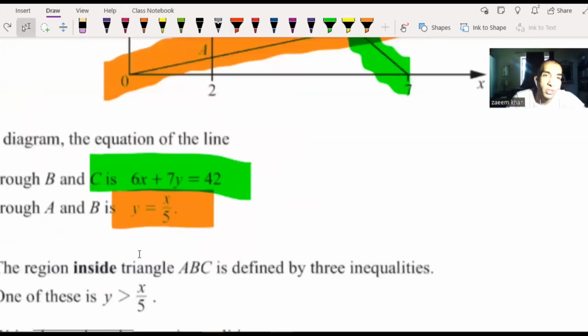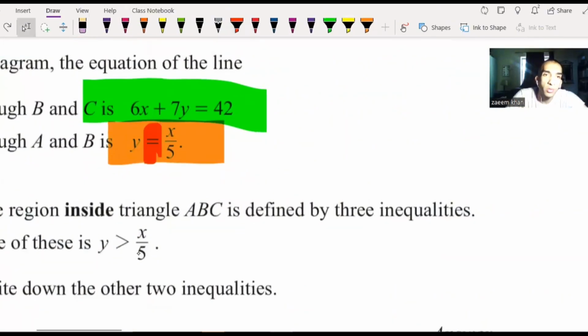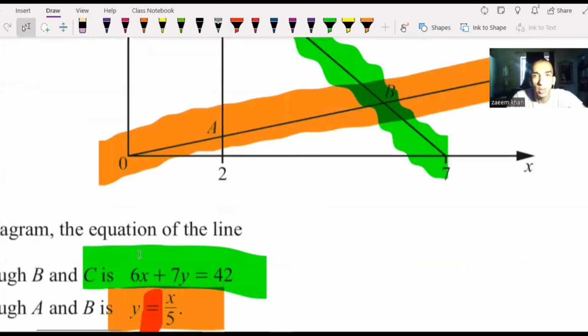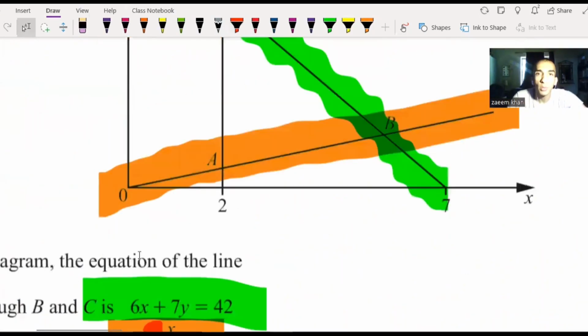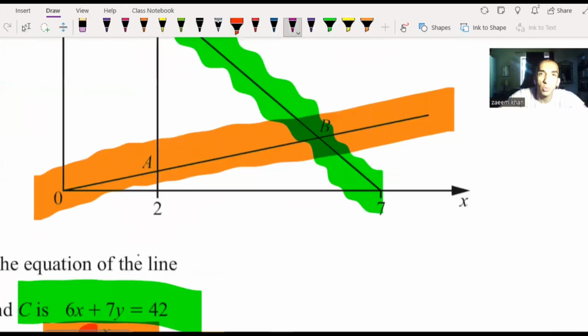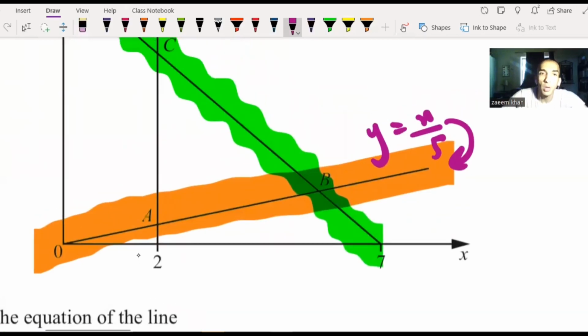Now, why have they changed an is equal to sign to a greater than sign? I'll tell you why. The orange line is represented by y is equal to x over 5. This is the orange line. And if I were to ask you to stay inside this triangle, would you say this region of this triangle is above this line or below this line? Above.